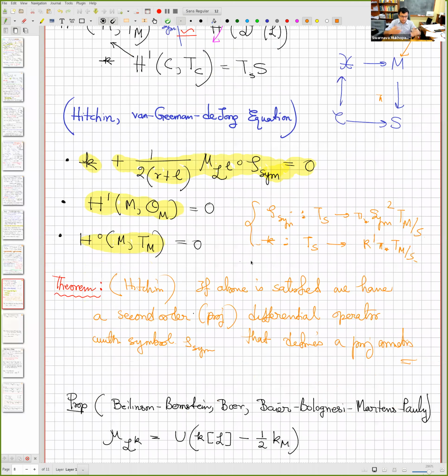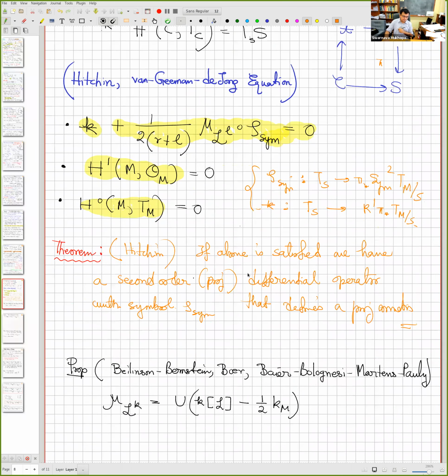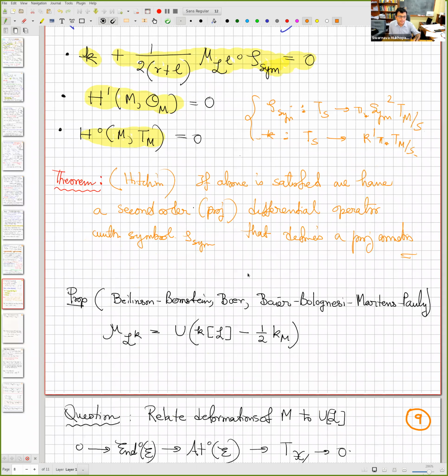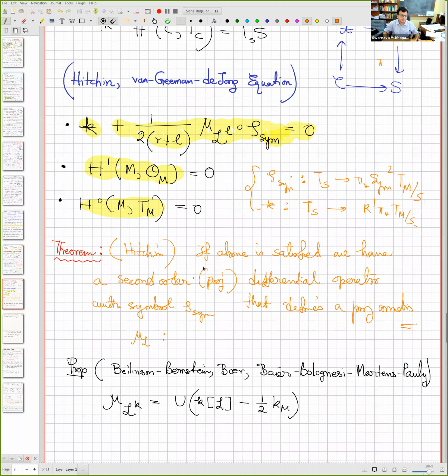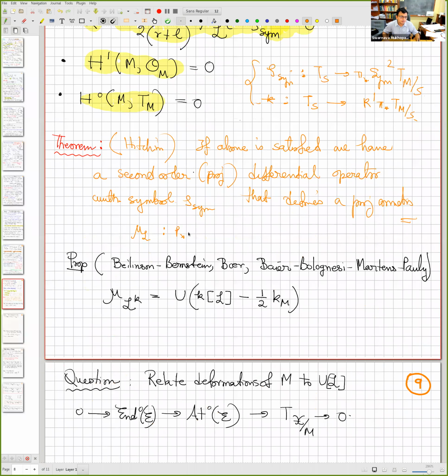It turns out that this map mu L of k is a map from the push forward of the symmetric square of the relative tangent bundle to R1 push forward of the tangent bundle. So one can ask, what is this map? Here k is some integer.